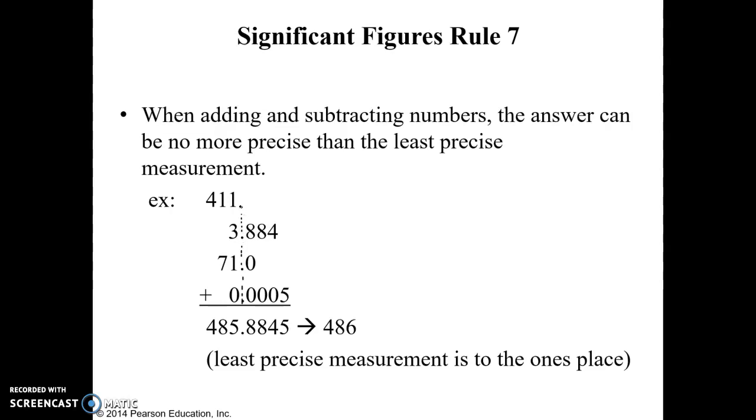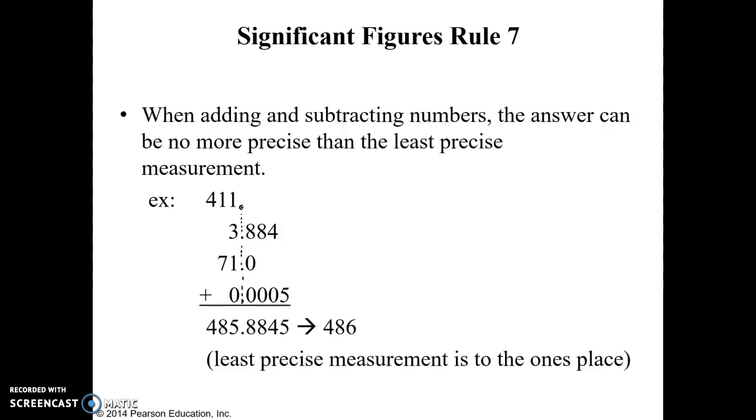And what we're saying is that the final answer here in an addition or subtraction problem is not dependent on the number of significant figures, but rather where the last significant figure is in terms of the ones place, the tens place, or the tenths, or hundredths, or thousandths.